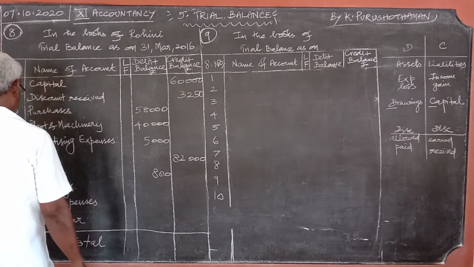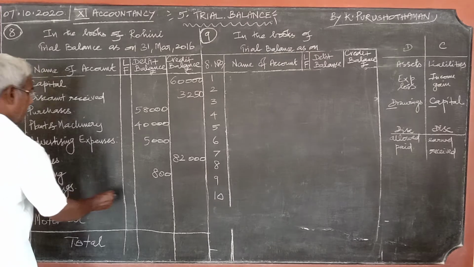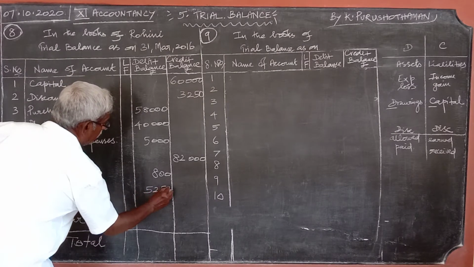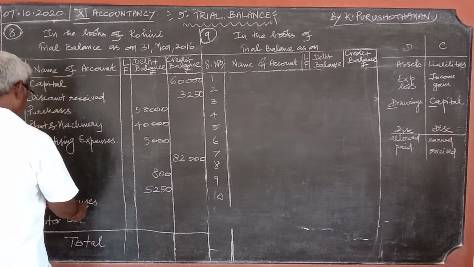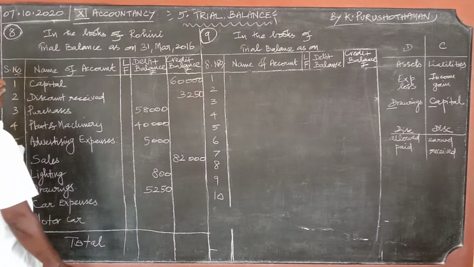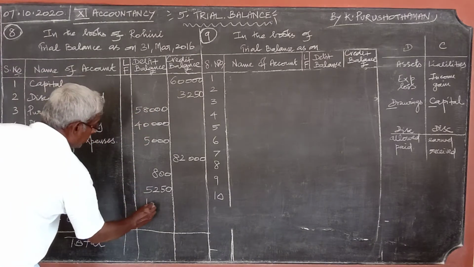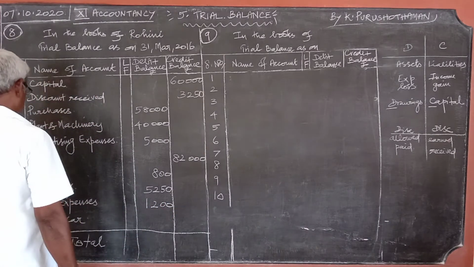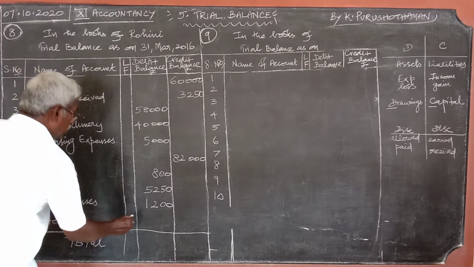Then drawings, the first letter D, debit, you know that well. Drawings 5,250. Then car expenses, the expenses itself it is coming. Therefore expenses debit. The amount 1,200 is debit. Then the last one, motor car is an asset. Motor car is an asset, 35,000. Therefore debit.